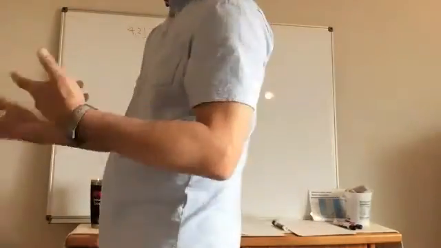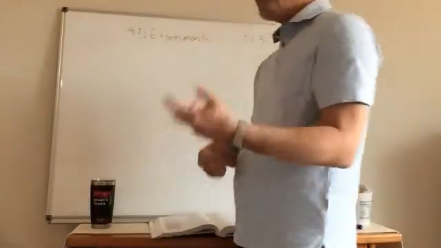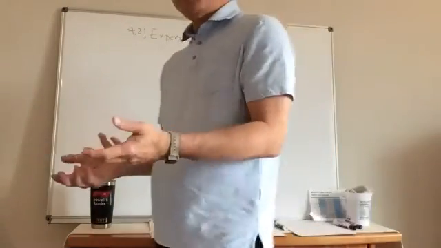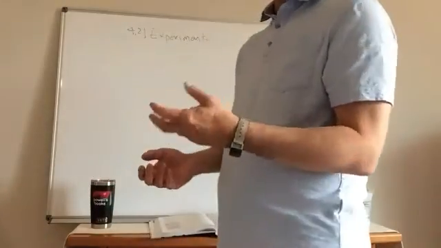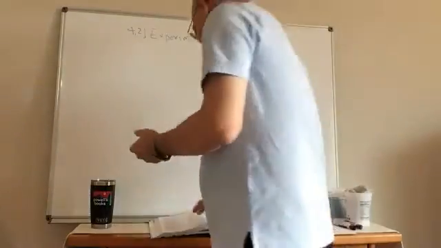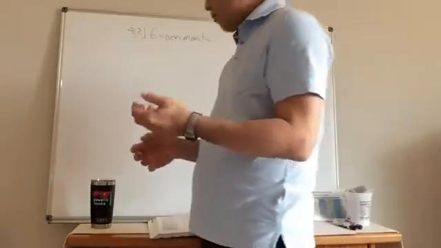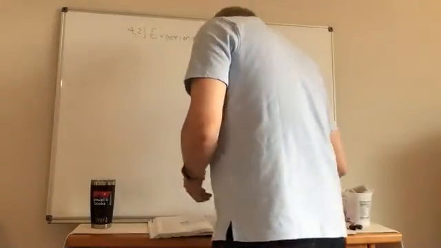Okay, so they were talking about the effects of cola, right? Whether it's going to be caffeinated or decaffeinated. And they were measuring their pulse rate after that or whatever.